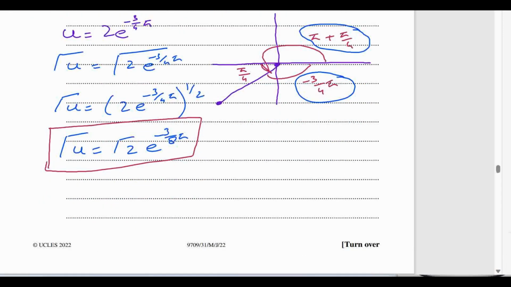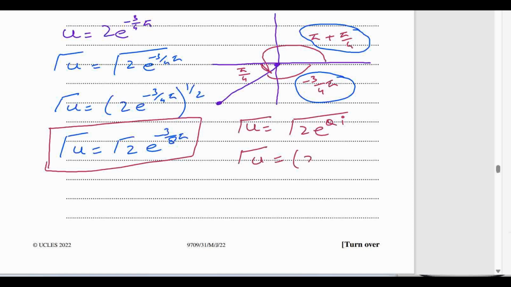Now let's see the second one. u is equal to... the square root of u is equal to the square root of 2 e power, as we can see that this was theta i. So here in this second case, now the angle is pi plus pi by 4.